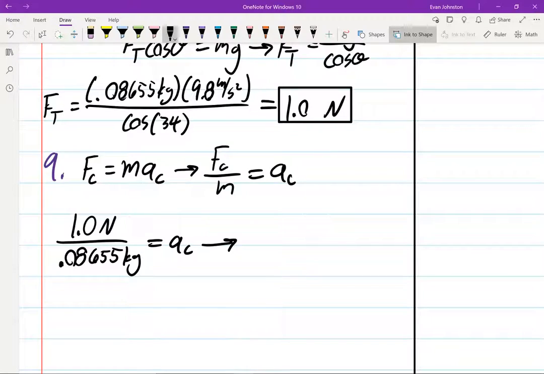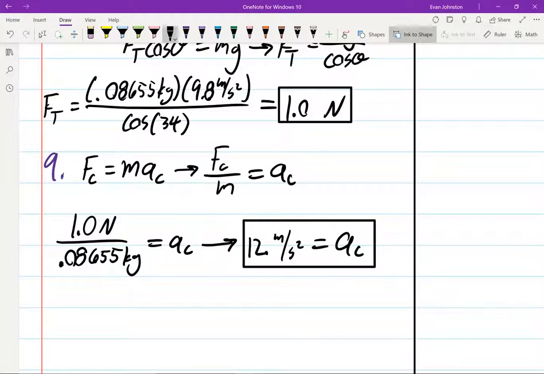That value is 11.5. But rounding to 2 sig figs, that rounds up to 12. You could have a decimal or not. Since it's an acceleration, it has units of meters per second squared.